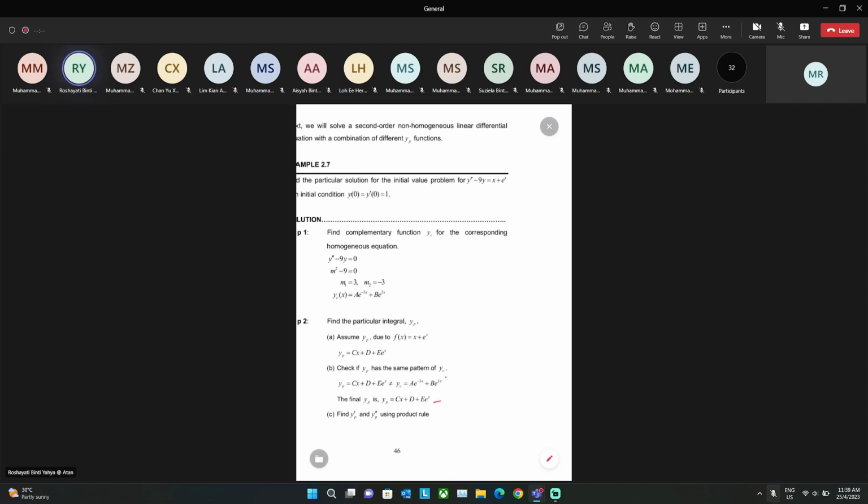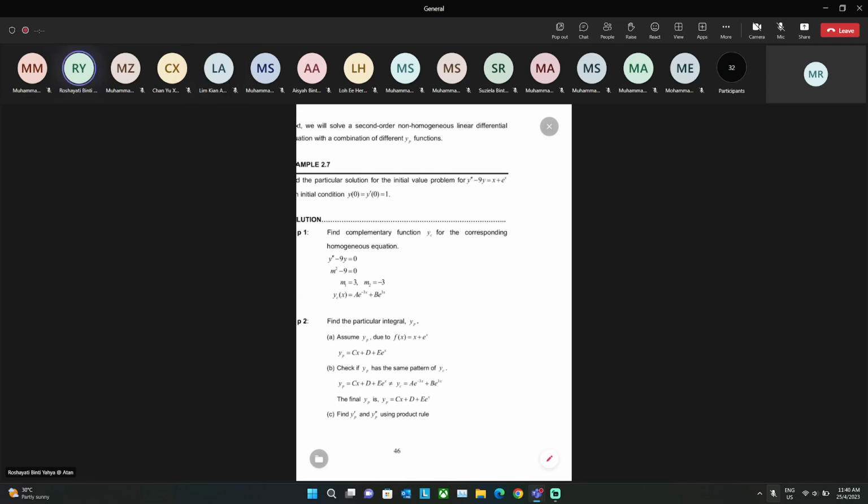Class, let's say if the pattern of YC equals YP, what do you need to do? Multiply YP by x. Yes, correct. YP or YC by x? YP. Why YP? Not YC. Because YP is what we want to find.